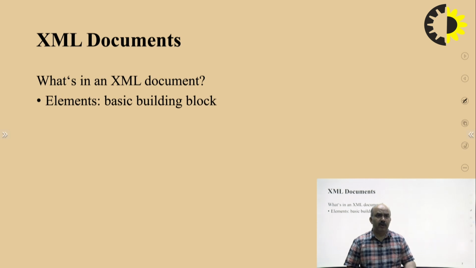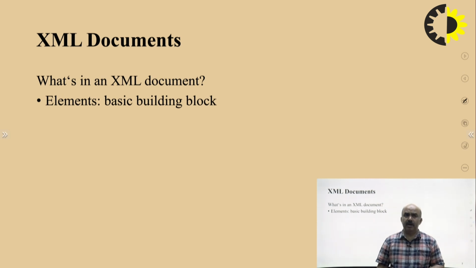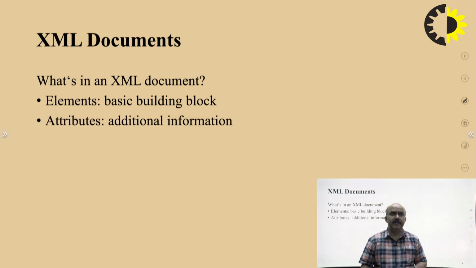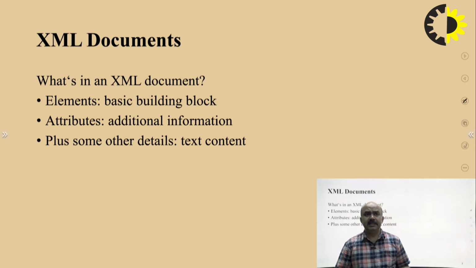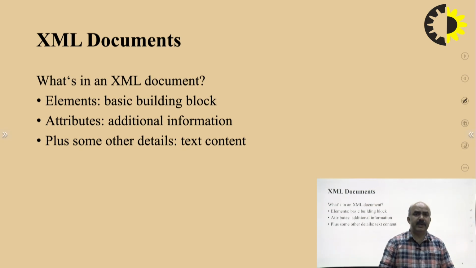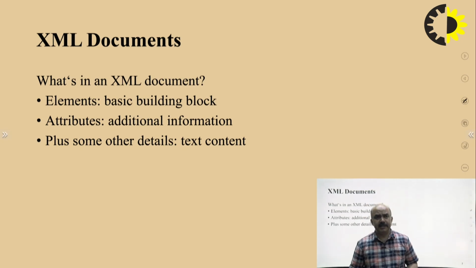Elements are basically the building blocks of XML documents, and attributes define additional information about whatever you are describing in the elements. Then we have other details like text contents and tags, which describe the XML document that we have to send from source to destination, or between two nodes.